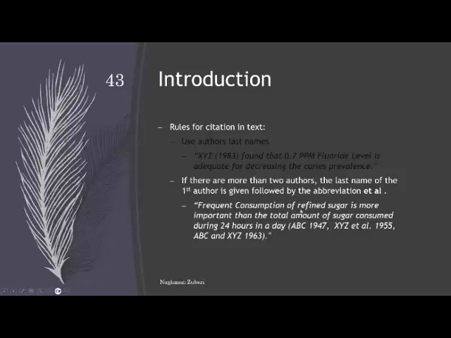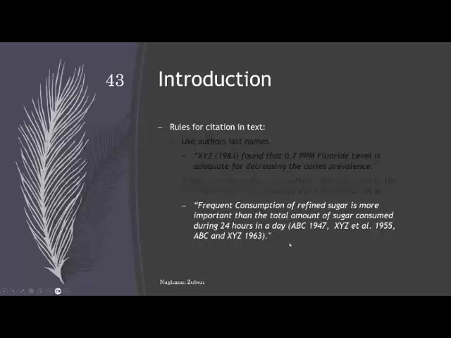Frequent consumption of refined sugar is more important. Again, this is just an example. That's why I don't put any names over here, just to give you an idea. Frequent consumption of refined sugar is more important than the total amount of sugar consumed during 24 hours in a day. ABC 1947, then XYZ et al. 1955. ABC and XYZ 1963.